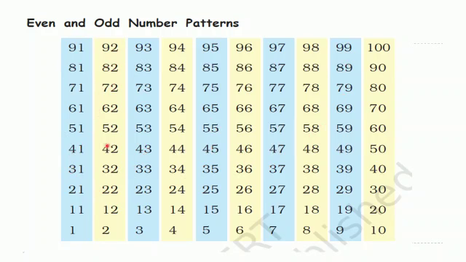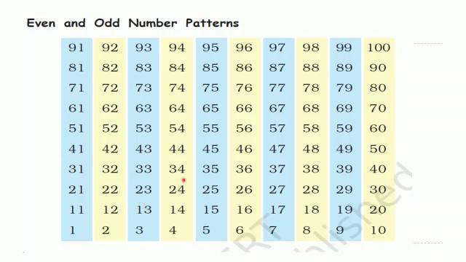Now look at these yellow color columns. Here you see the last digits 2, 4, 6, 8 and 0. Again I repeat, 2, 4, 6, 8 and 0. So these yellow color are even numbers.